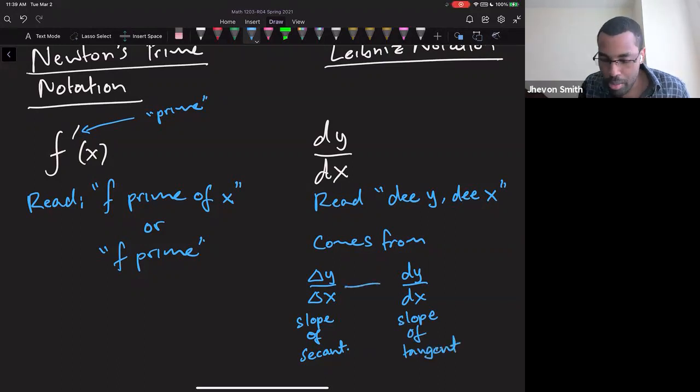And remember, this guy approaches that as delta x approaches 0, right? So that's where the notation kind of comes from. He took delta y over delta x, change in y over change in x, rise over run. He just wrote it as dy over dx, right? So that's the Leibniz notation.